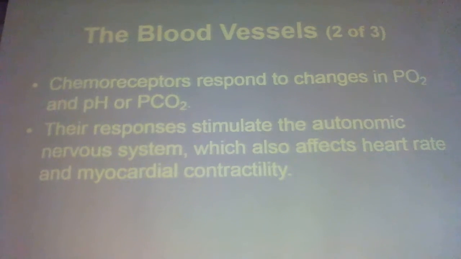Yes. Why? But why in this case, either higher CO2 levels or lower oxygen levels, would I want to increase heart rate and increase contractility? To pump the CO2 out or to pump more oxygen in? Right? That makes sense?